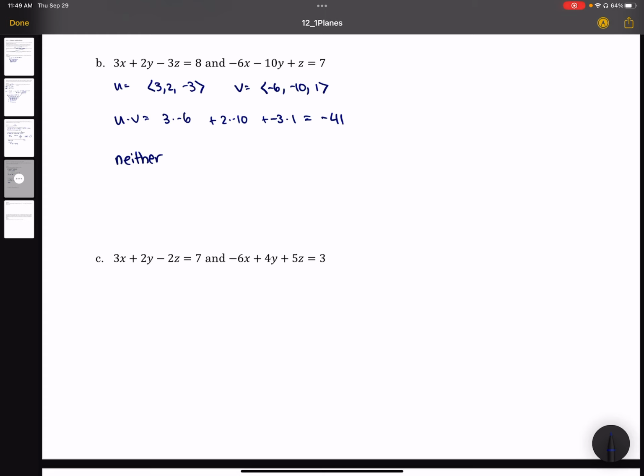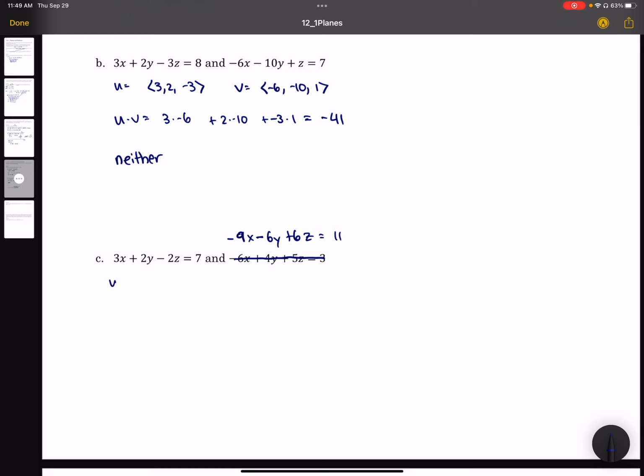For C, they're not multiples. So you know what, let's actually do an example where they would be multiples. Say we had -9x minus 6y plus 6z equals 11.